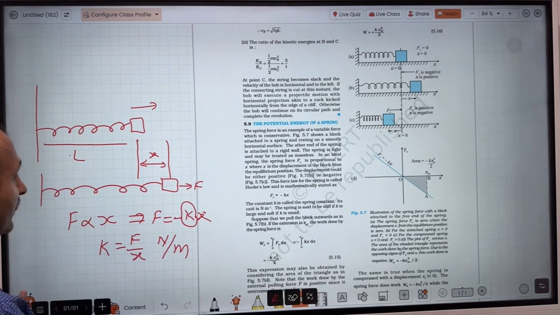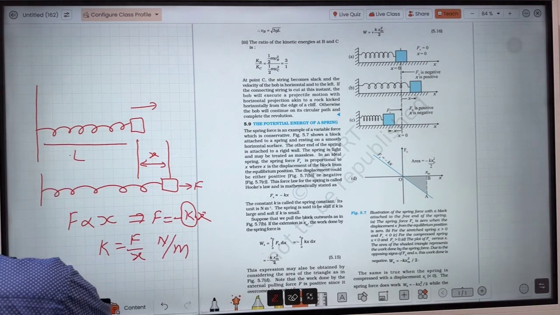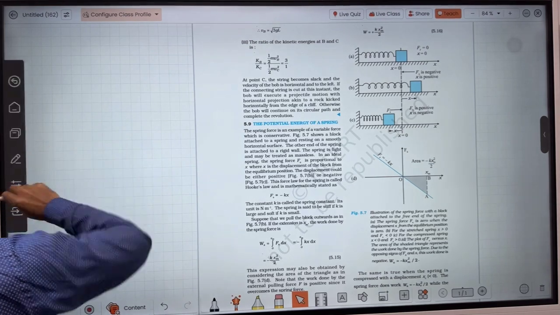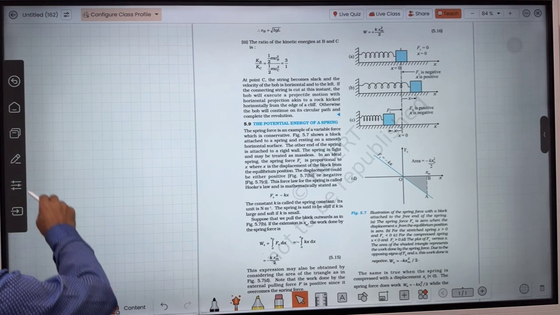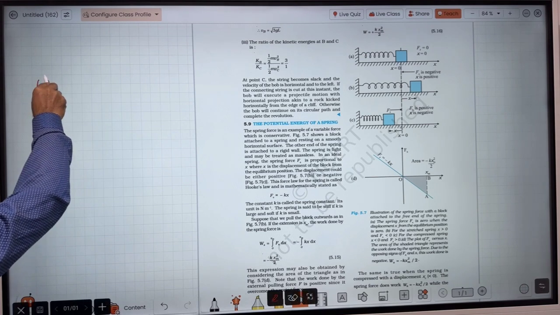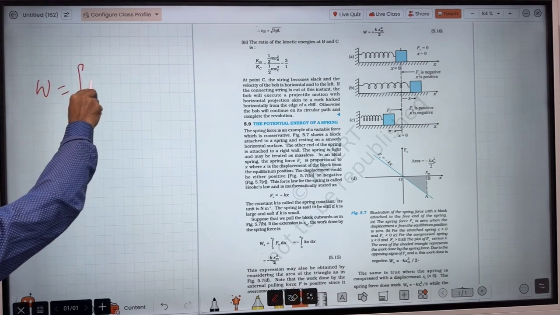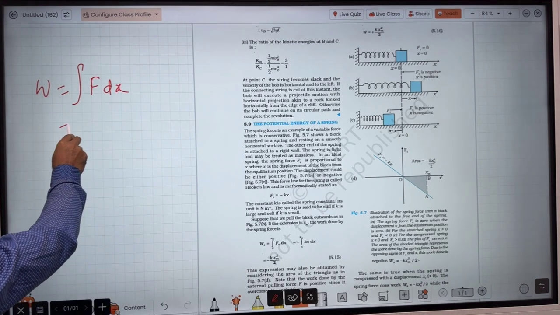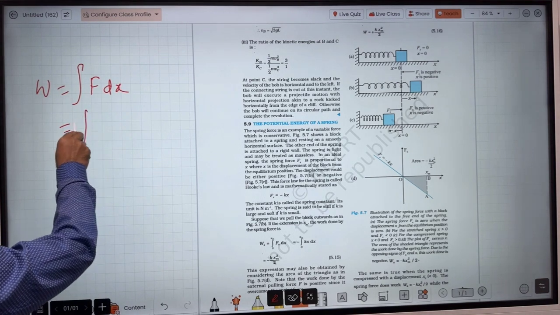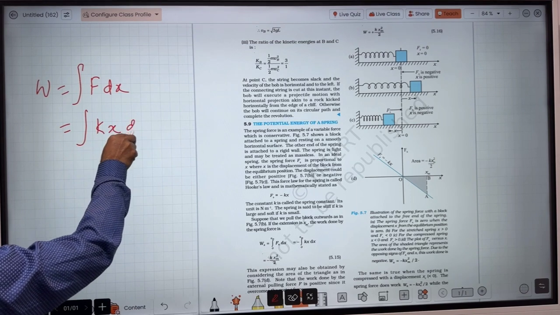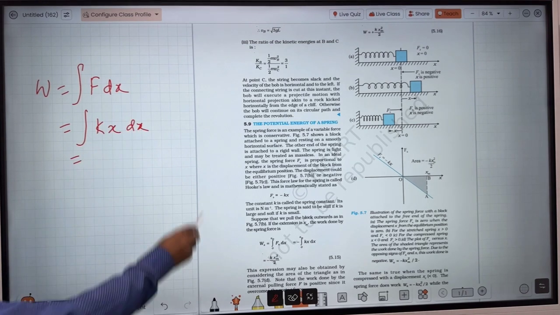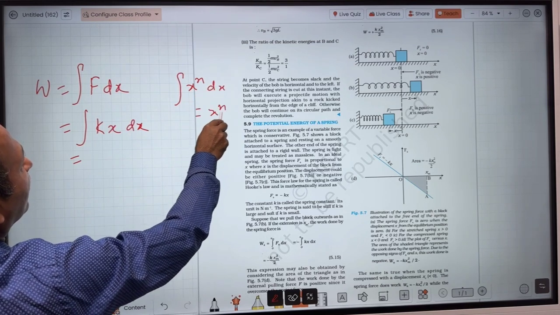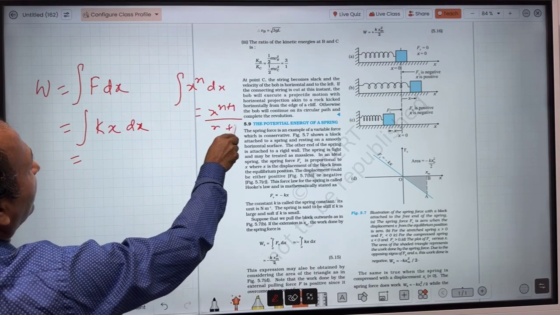Now this is force. We can find out the work done when the spring is compressed or stretched. So work done can be found by integration of F dx, and we can put F as kx in magnitude, kx dx. And if you remember, I told you integration of x power n dx becomes x power n plus 1 divided by n plus 1 plus c.